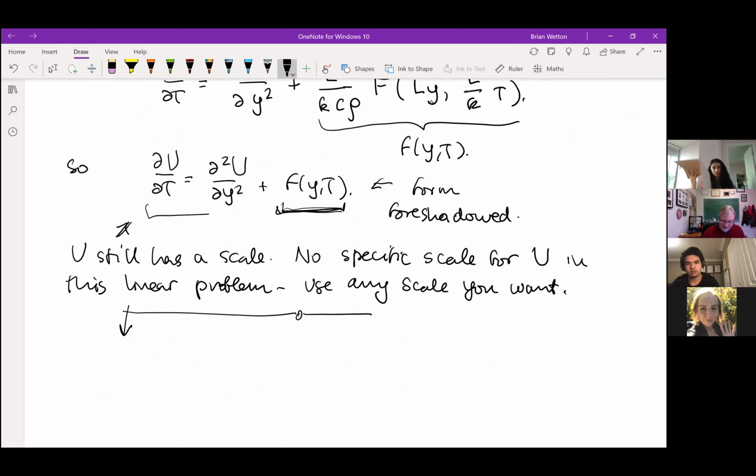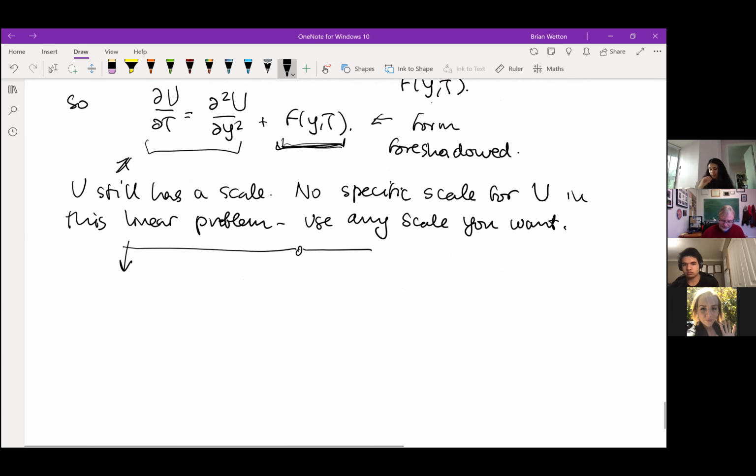And then that naturally will scale U to have also size 1. So you can look at that. Let's go on and talk about the problem that we can look at now, right? So let's look at the heat equation. Now we can look at the scaled heat equation in a bounded domain.